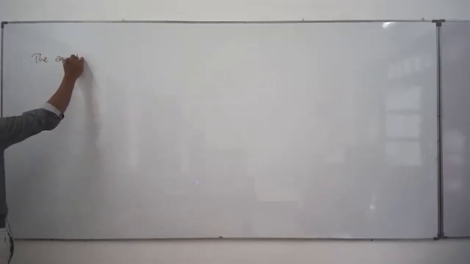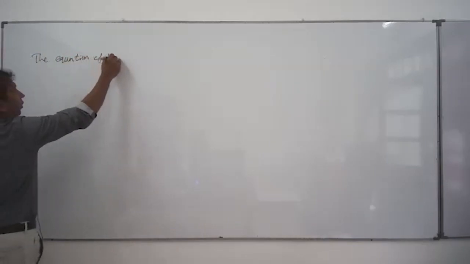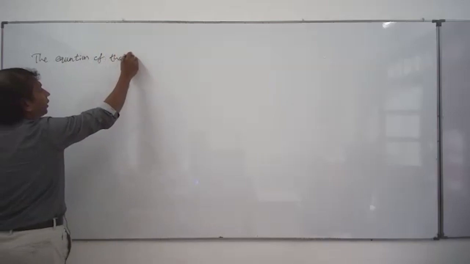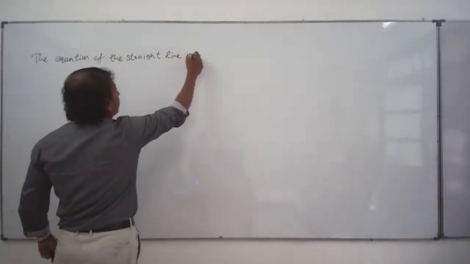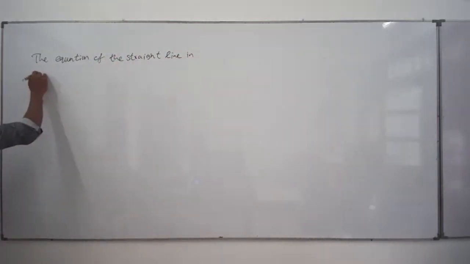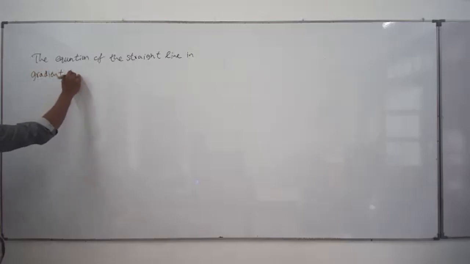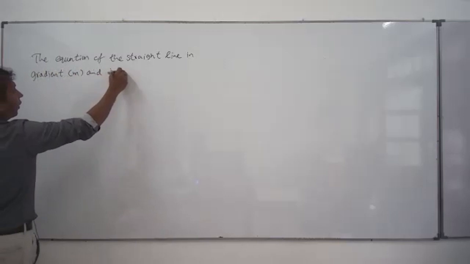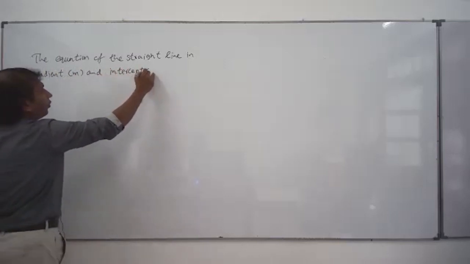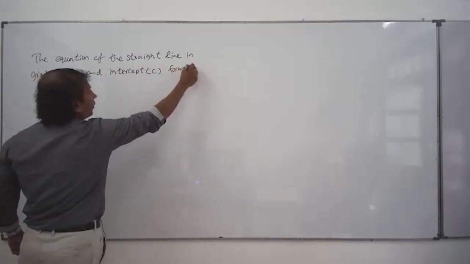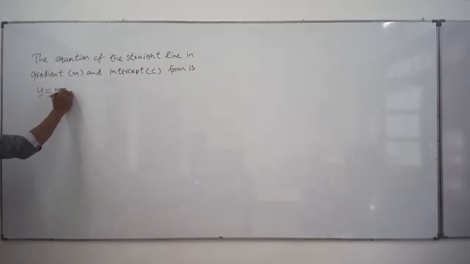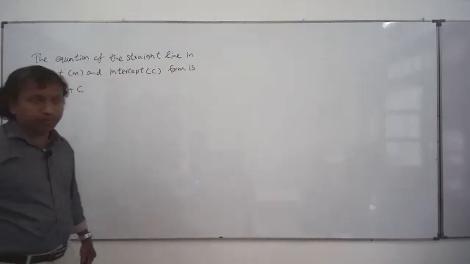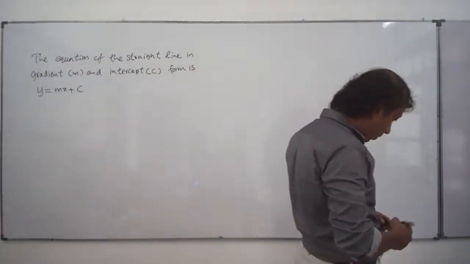Write down the equation of the straight line in gradient (simply m) and intercept c form is y equals mx plus c. Write down this y equals mx plus c.